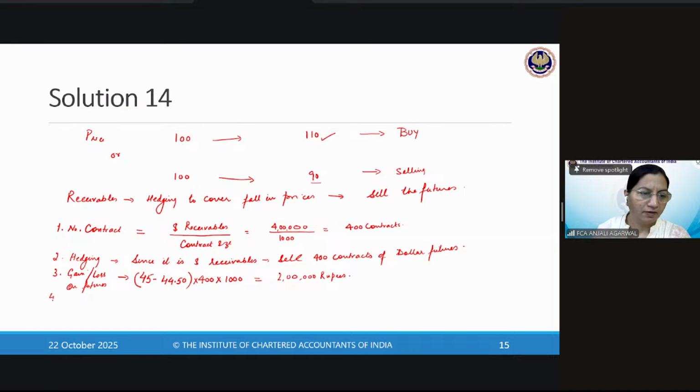And the spot rate after 3 months is also 44.5.